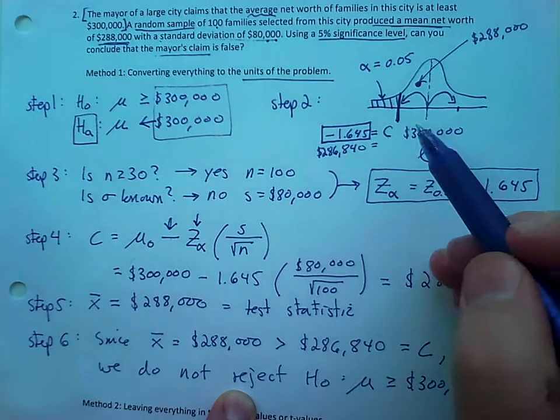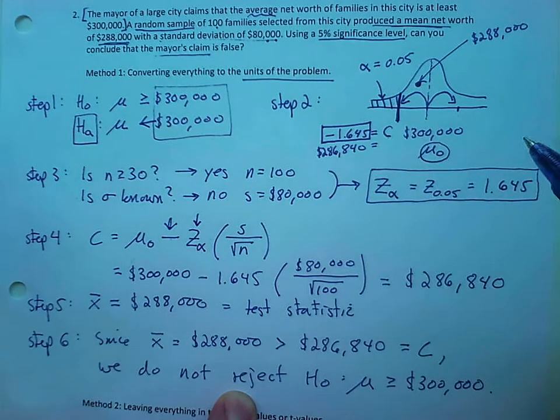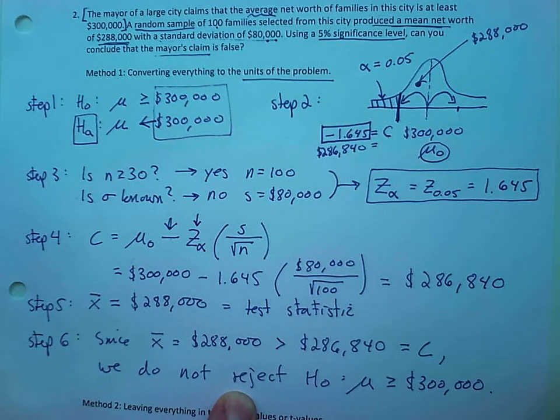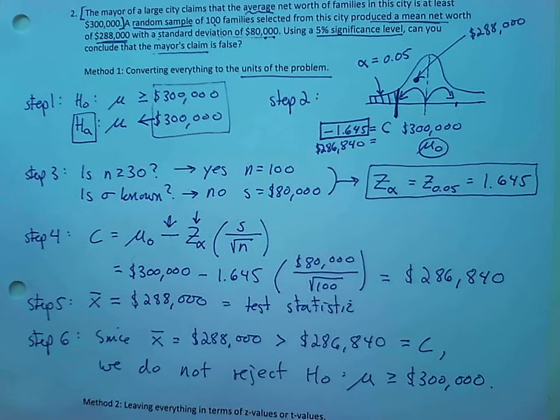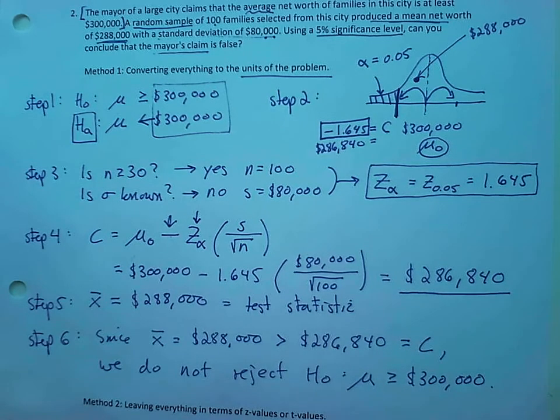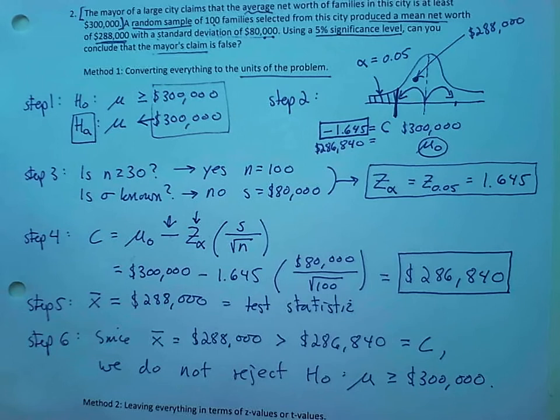We are giving the mayor a certain amount of wiggle room. Right? Remember, that's how I defined the margin of error in Chapter 7. I said, let's give our estimate a certain amount of wiggle room. Here what we're saying is, all right, mayor, I'll give you wiggle room all the way down to $286,840.